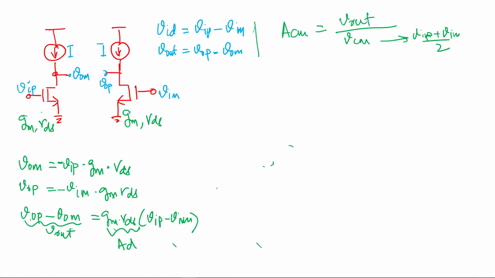Okay, so I should write this one as VOCM, and VICM and VOCM. So this one would be VOP plus VOM by 2.